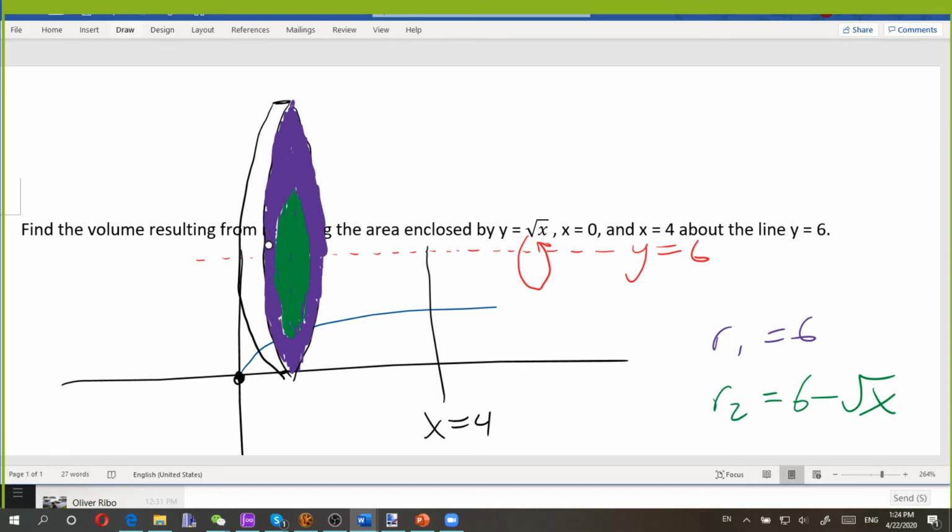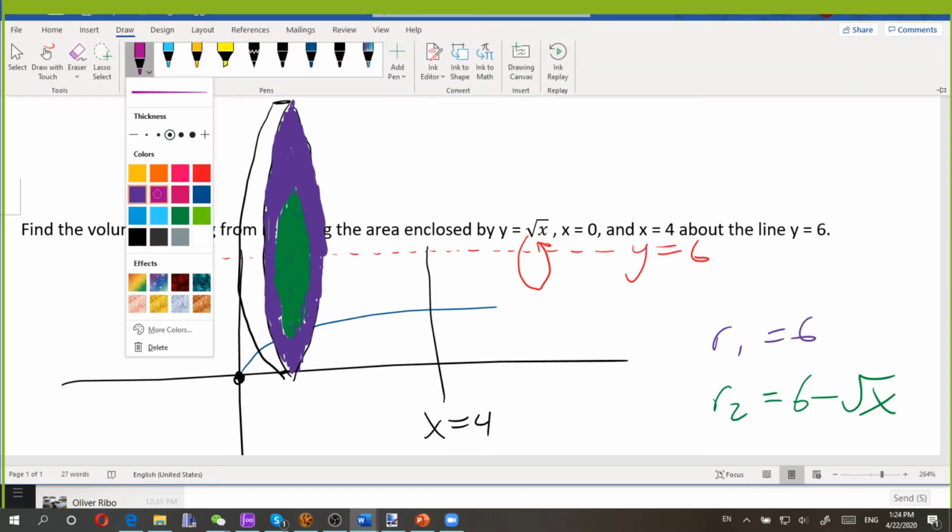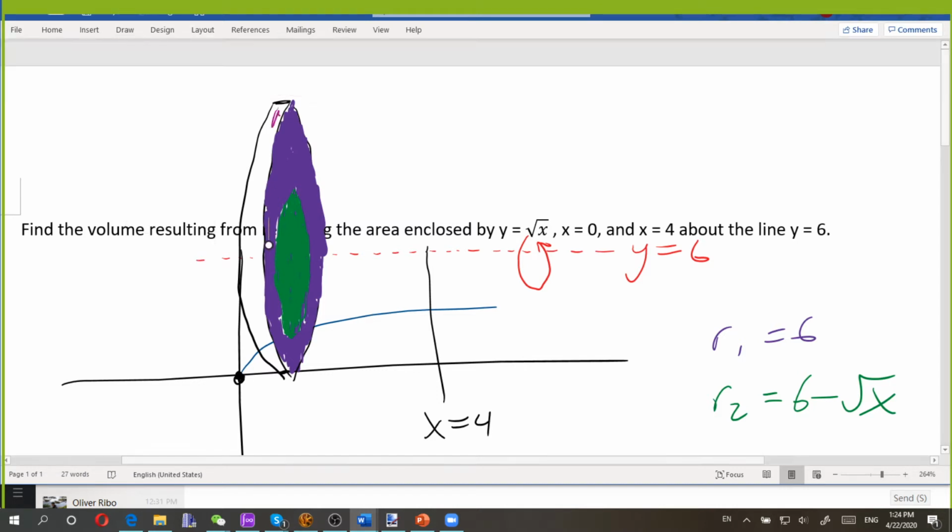Okay, both of those disks would have an infinitely small width of dx. Should look like this.